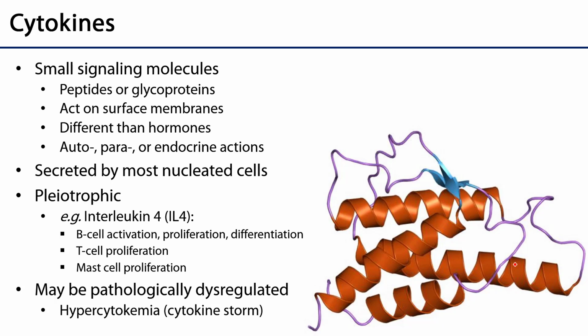Oftentimes they're referred to as immunomodulating agents. They're very different than hormones in terms of the levels at which they act and their specificity. So hormones typically circulate within the plasma at nanomolar concentrations.